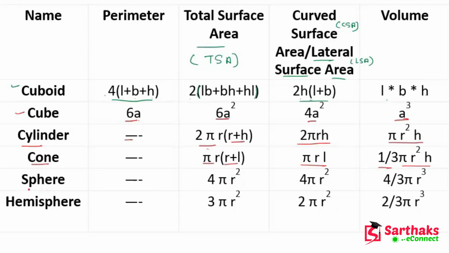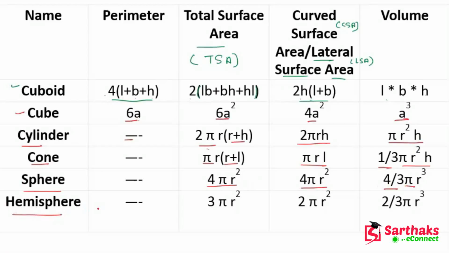Now let's talk about the sphere. In a sphere, the TSA is 4 pi r square, and the CSA is the same, 4 pi r square. So we can say that the CSA and TSA of a sphere are both the same. The volume is 4 upon 3 pi r cube.